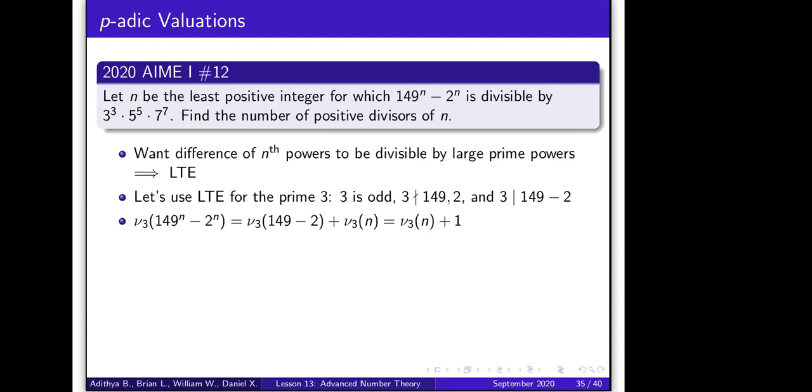Now we want the difference of powers to be divisible by 3 cubed. That means the V3 of this thing should be at least 3. Since V3 of n plus 1 is at least 3, then we know that V3 of n is at least 2. So 3 squared is a factor of n by the definition of V3. Any questions on this first step?